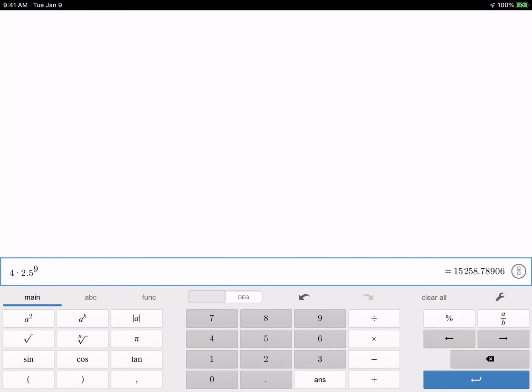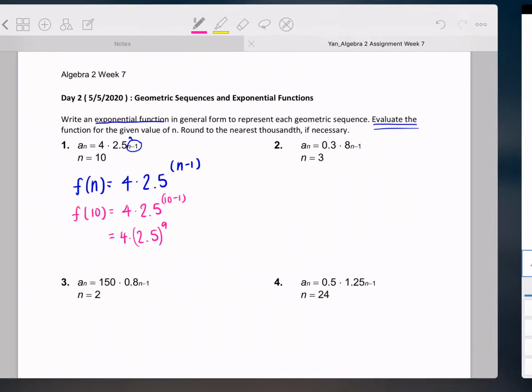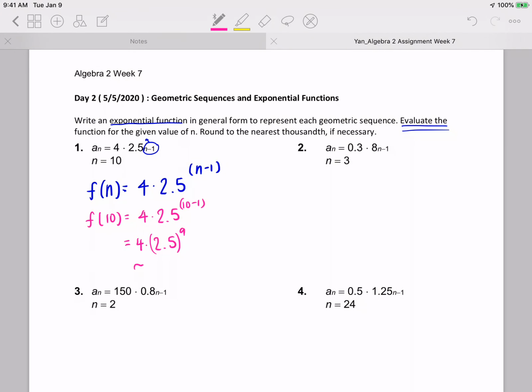Okay, and your answer is 15,258.789. And that's your answer.